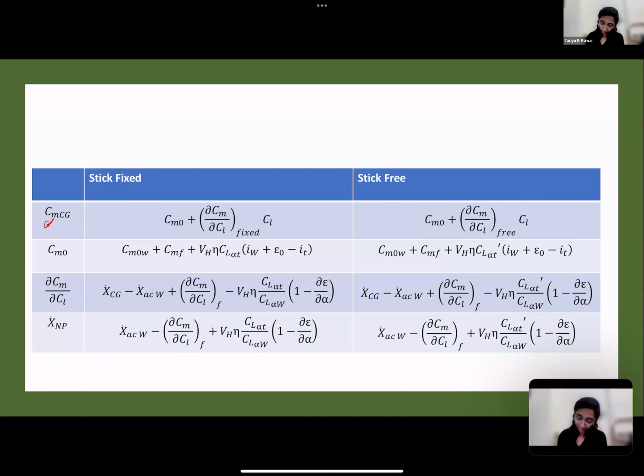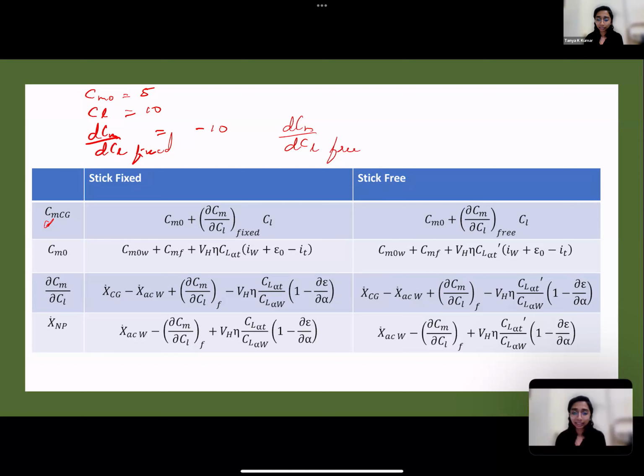Okay, let's just take some values. CM naught is, say, positive, right? I'm just taking some random values. Let's take 5, and let's take CL to be 10. And DCM upon DCL for fixed would be -10. And DCM upon DCL for free would be less negative, so it will be -5, something like that.